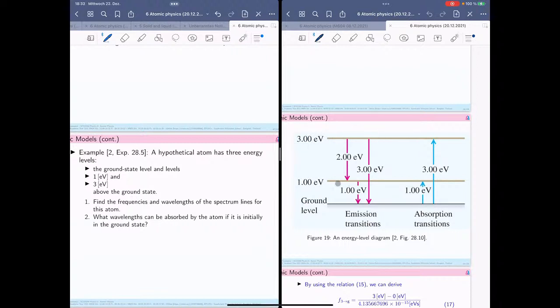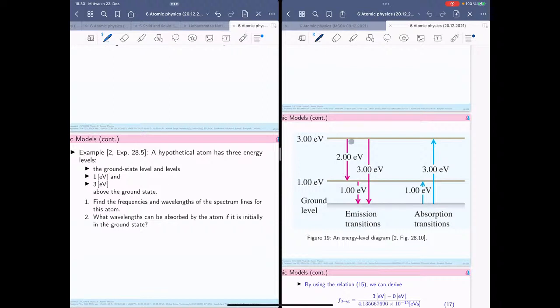Let's talk about 1 eV. There is only a single transition, from 1 eV to the ground state, and we will consider only the difference of energy between EI and EF. Delta E is the difference of the energy from the initial to the final.